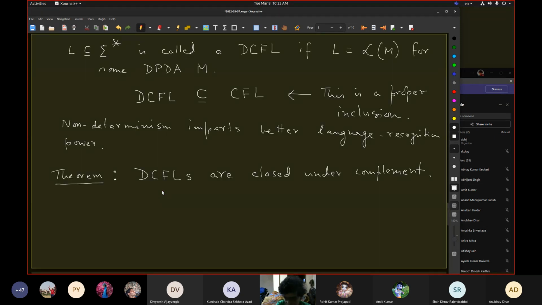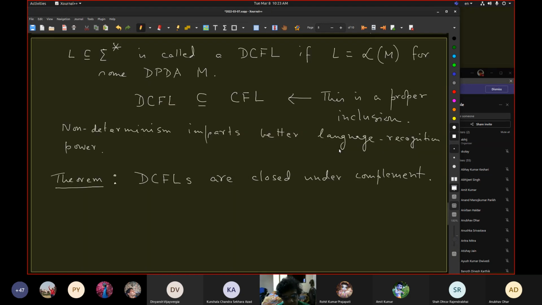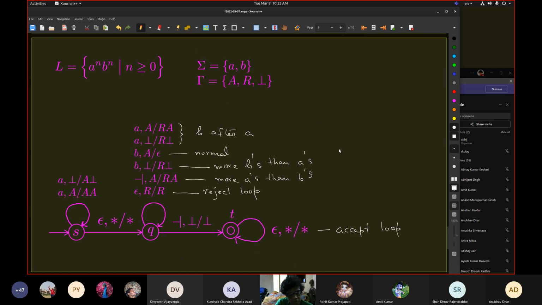Okay. Yes, sir. If there is no such transition, there must be a unique way out by an epsilon transition. That is happening. Yes, sir. Good. So here also something I'm missing. B comma something. What should I do? Okay. This behavior is acceptable for a DPDA.